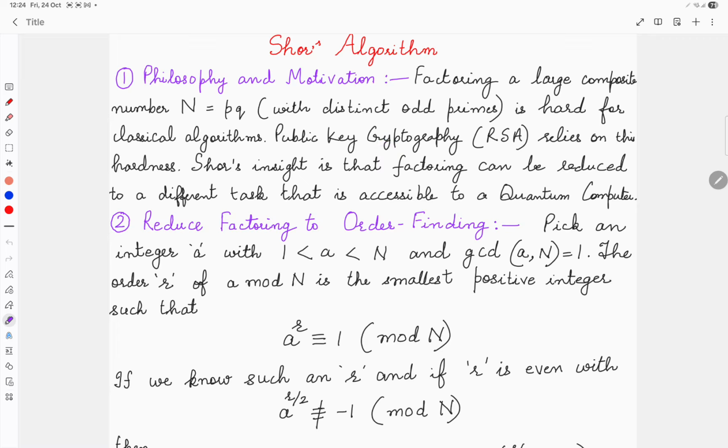Now, Shor's algorithm is based on offloading the task of factoring, first of all, to a new type of task which can be offloaded to a quantum computer. Peter Shor actually reduced the factoring of a large composite number to order finding, the period finding algorithm.